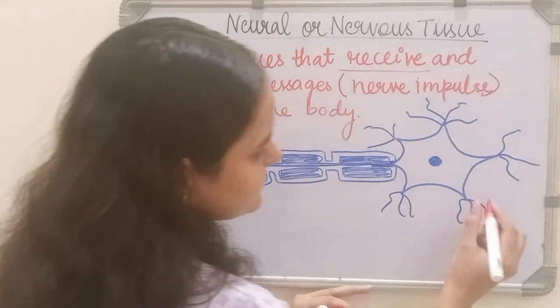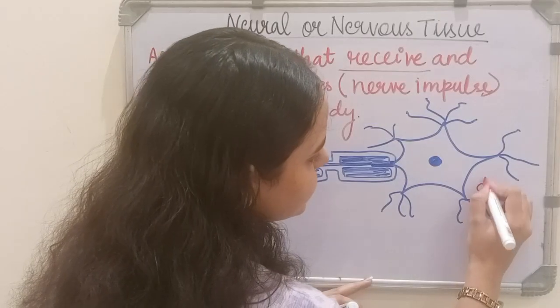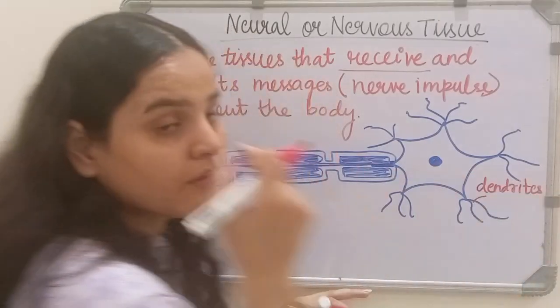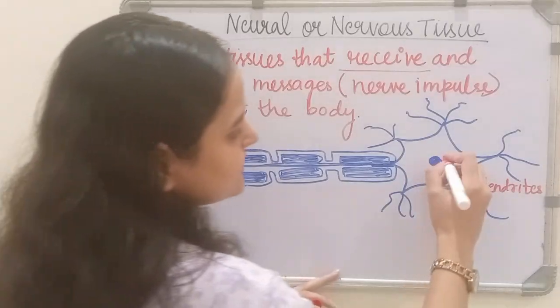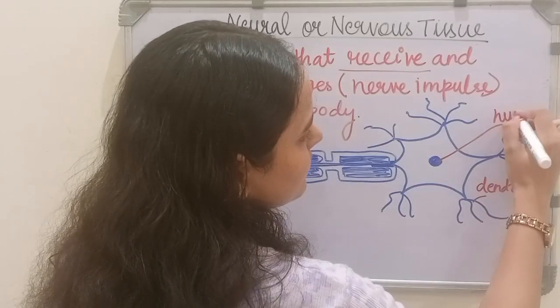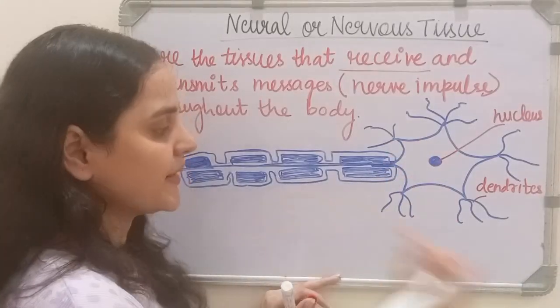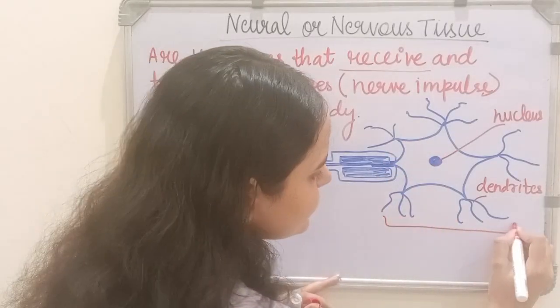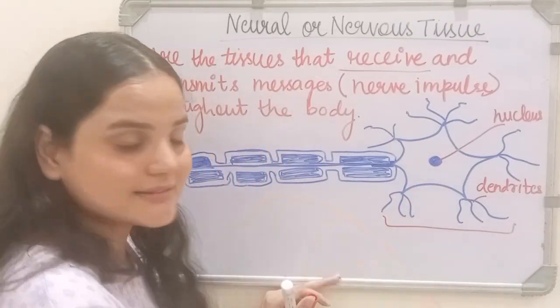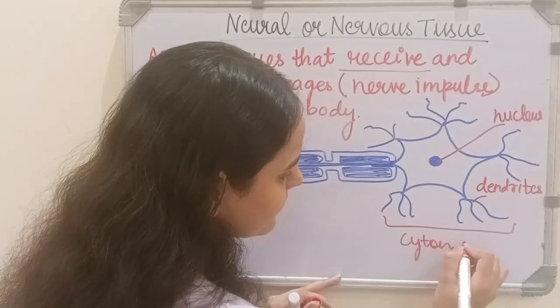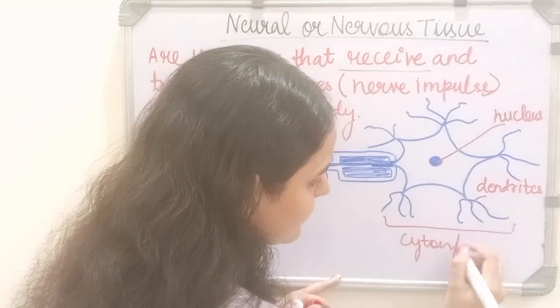So this hair-like projection is dendrites. Okay, now this is the nucleus which is present in the cyton or perikaryon. So this whole is the cell body, and this cell body consists of cyton or perikaryon.